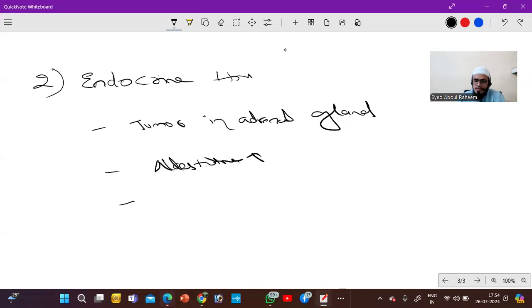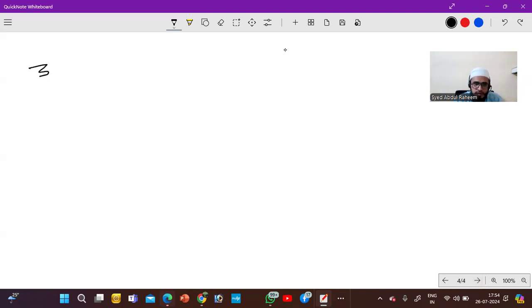So mostly in the endocrine system, the adrenal gland is involved, and due to that reason the patient has hypertension. So in secondary hypertension, first involvement is cardiovascular disease, and second is the endocrine system.